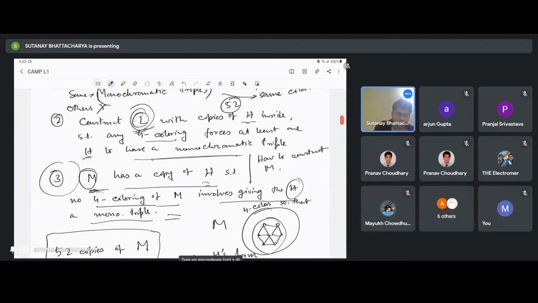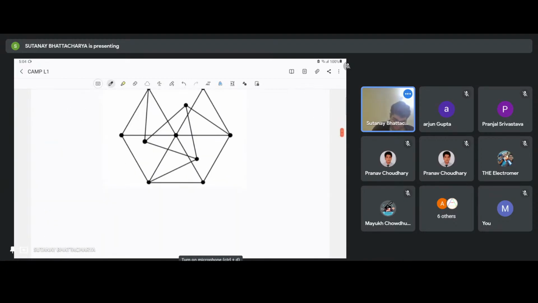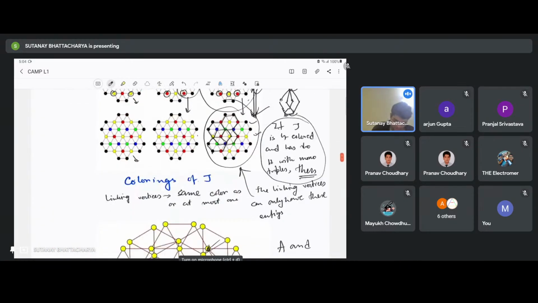What was our third step? The third step was constructing M such that M has one singular copy of H inside it, such that no matter how you four color M, the H cannot have a monochromatic triple, as long as you color so that no two adjacent things are of the same color. Now, how do you go about constructing that? That's a funny construction.